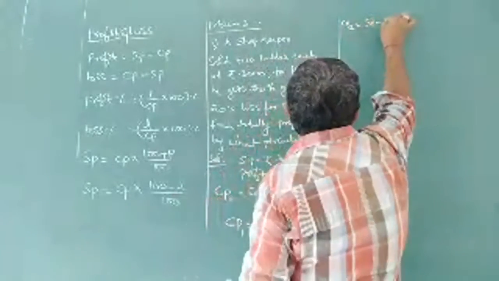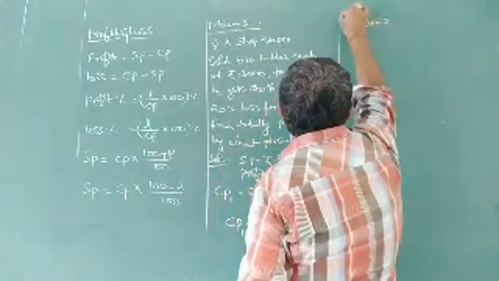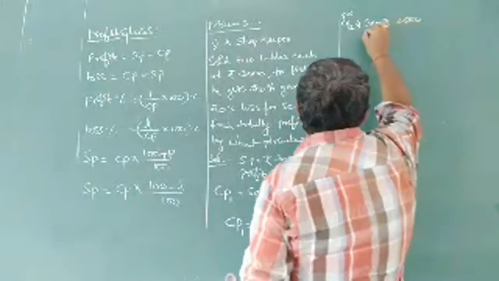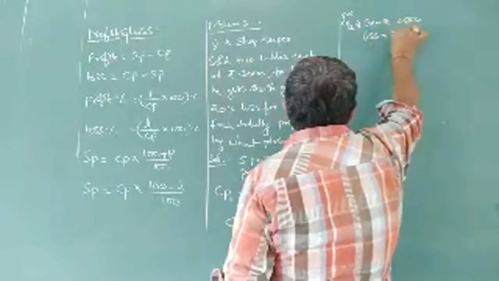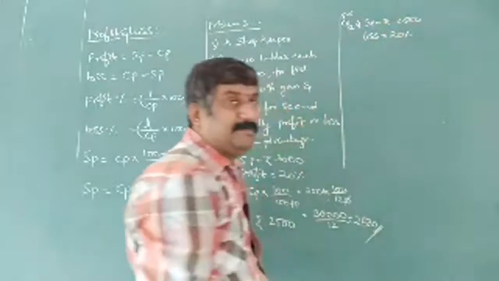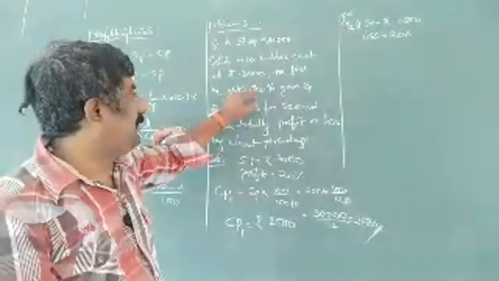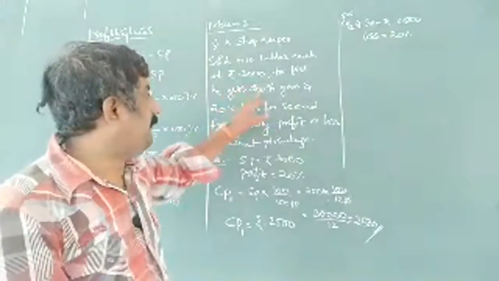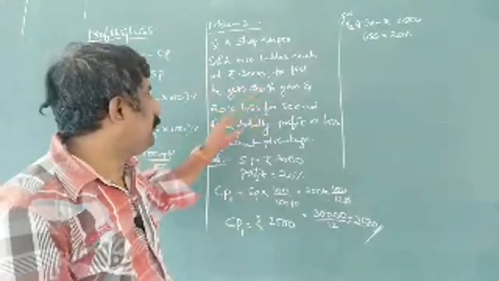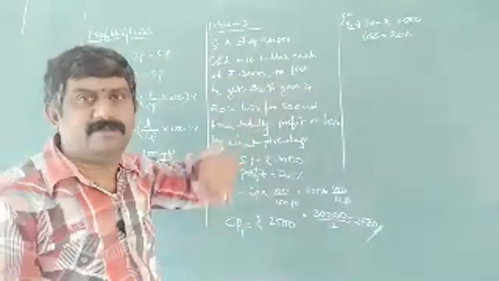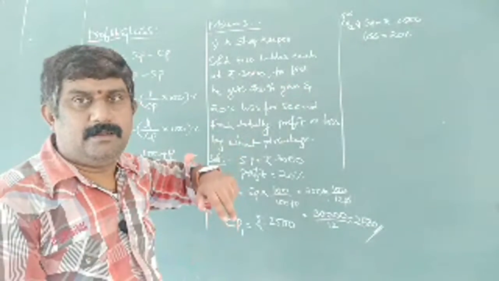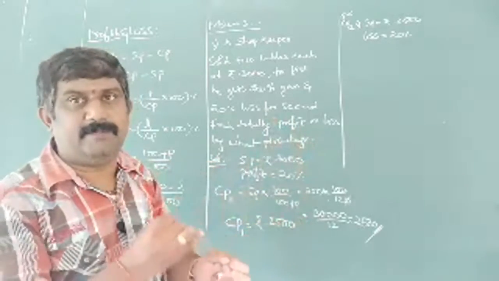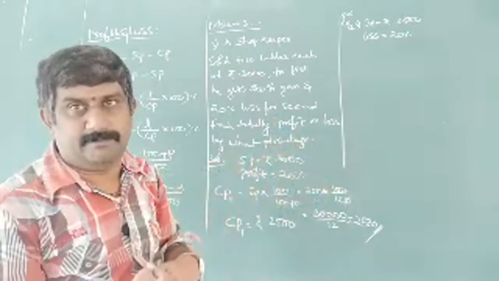SP is same. Here he got loss 20%. And you observe here, profit is 20% and loss is also 20%. So simply we can say that both are equal, 20% profit, 20% loss. So both 20 is going out, 20 is coming back.